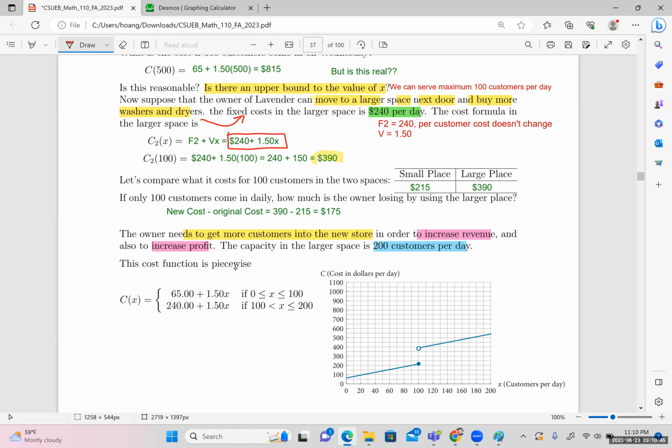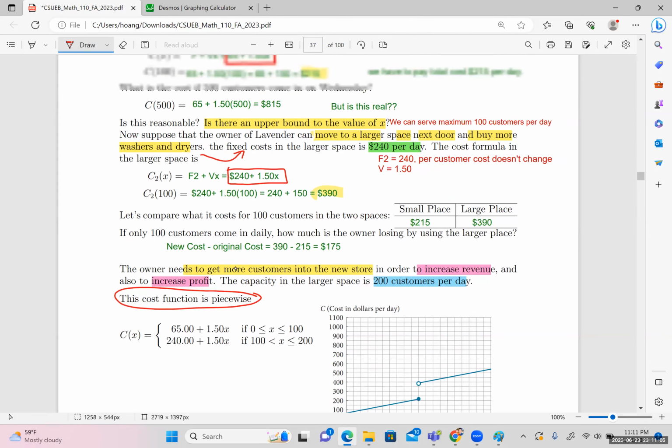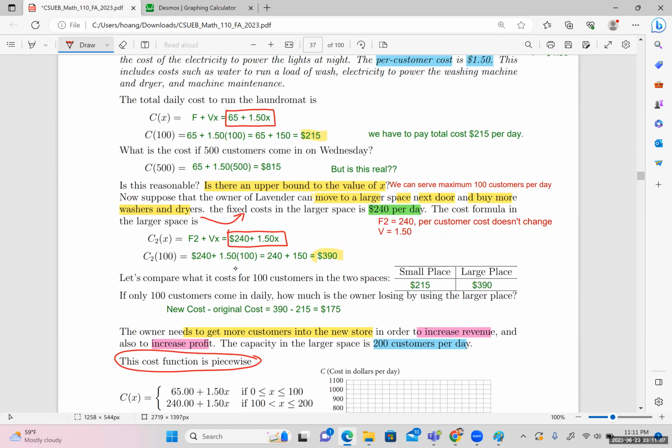So in this case, the cost function can be presented as a piecewise function, and now I'm going to write it down by combining the two cases that we had before.